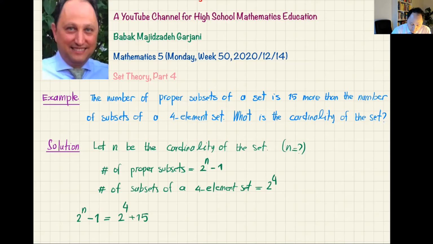Then I need to solve this equation, which is very simple. 2 to power n minus 1 is equal, on the right-hand side, to 16 plus 15, which is 31. I move the 1 to the right, it becomes 32, but 32 is 2 to power 5. So this means that the cardinality is simply 5. Very simple. I just want you to understand this concept.